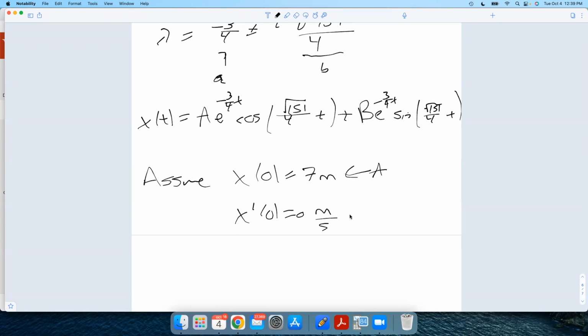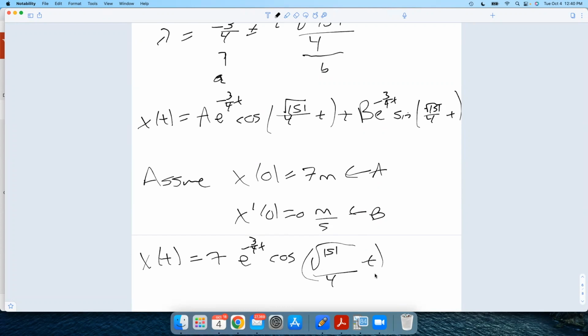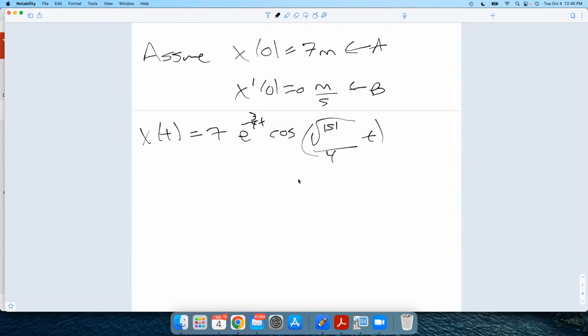The number in front of the sine is my initial velocity. So my particular solution is going to be 7 e to the negative 3/4 t cosine root 151 over 4 t. I'm going to get something that goes like a cosine, but decays, so it gets smaller and smaller.